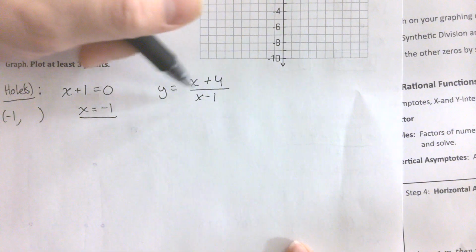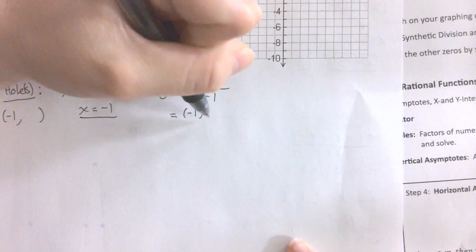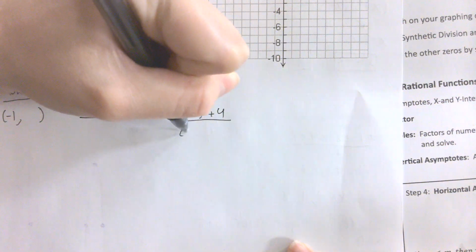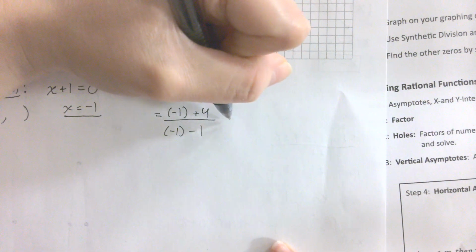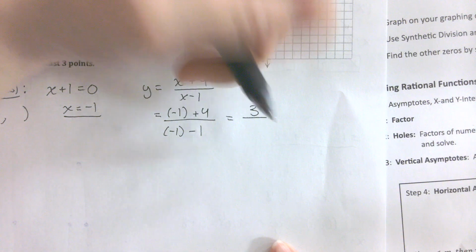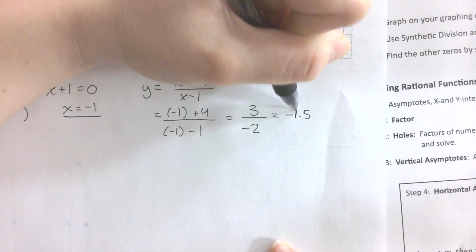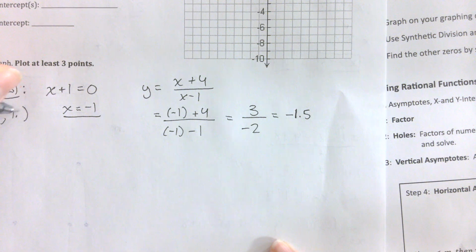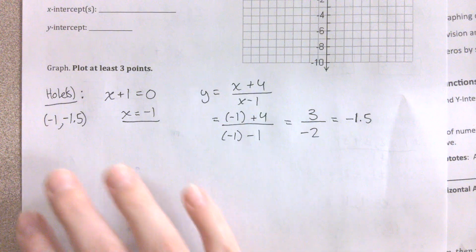And then I'm going to plug in the x value. So we have -1 plus 4 over -1 minus 1. -1 plus 4, that's +3. -1 minus 1, that's -2. So that's just -1.5. So this is the location of the hole.